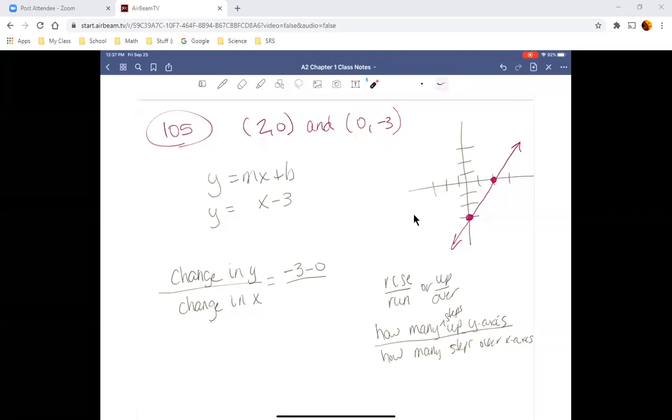You have to keep the order the same. So what's -3 minus 0? -3. What's 0 minus 2? -2. So what's my slope going to be? Positive 3/2, because negative over negative is positive. And is that a positive slope, like we're looking for? Yep. If we had a negative slope, we'd be like, whoops.